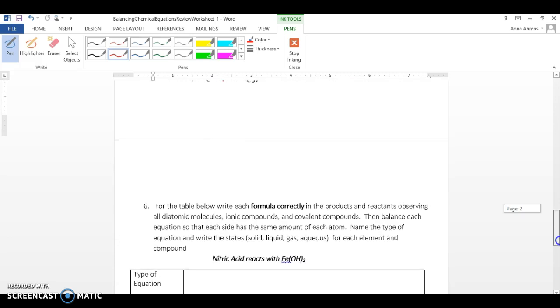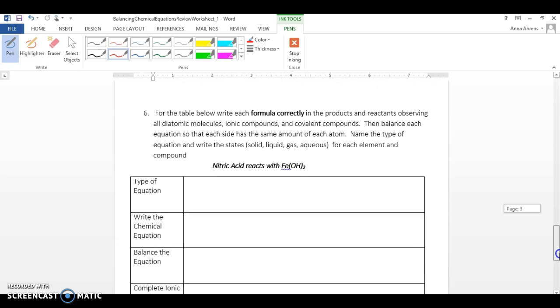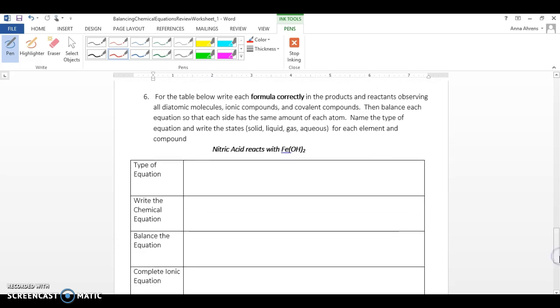Okay. Now we're going to go ahead and use this table to correctly write the formula. The products and the reactants, observing all diatomic molecules, ionic compounds, covalent bonds, then balance each equation on each side so that there's the same amount of atoms. Name the type of equation, write the states of matter for each element.